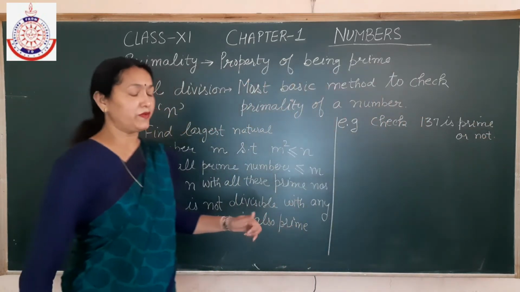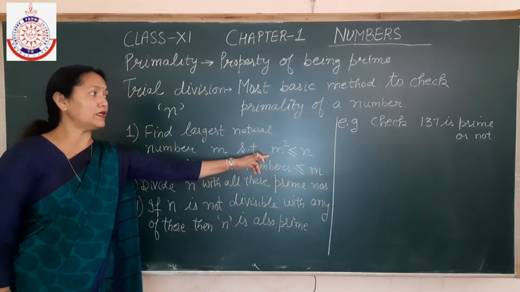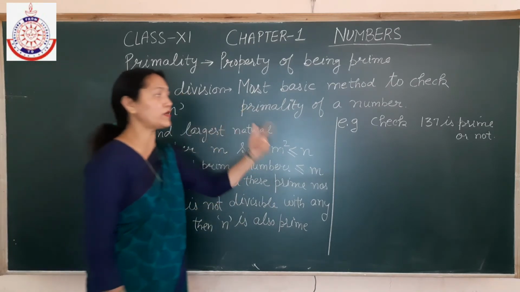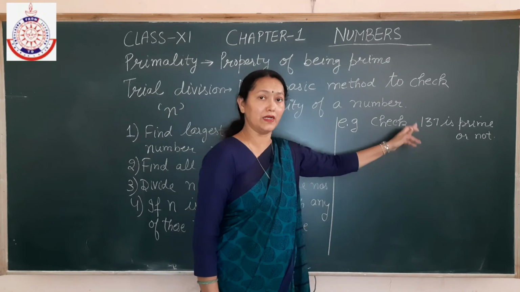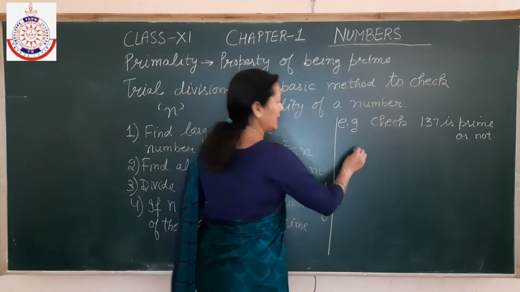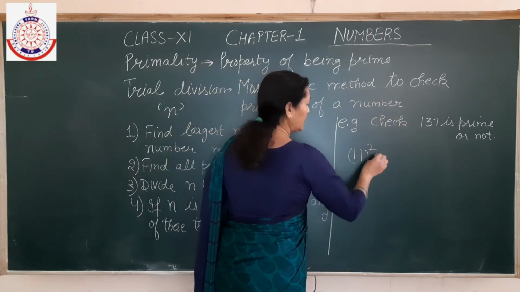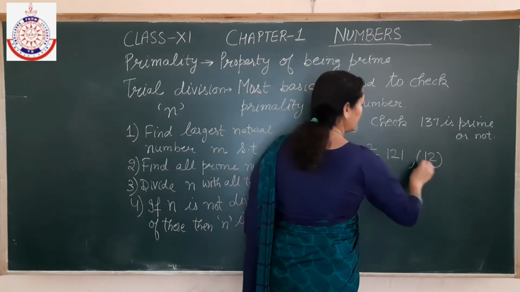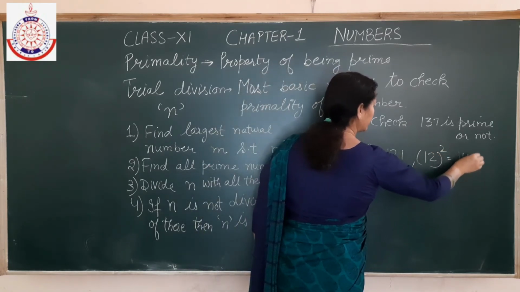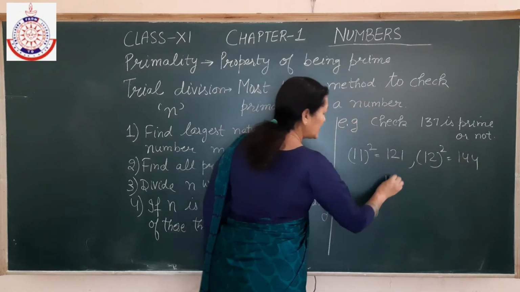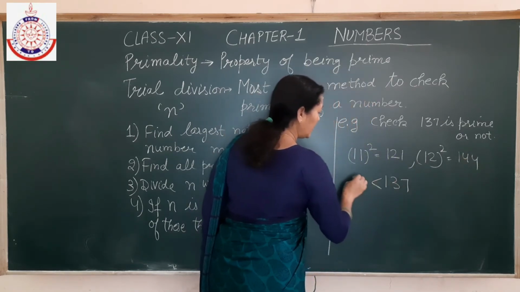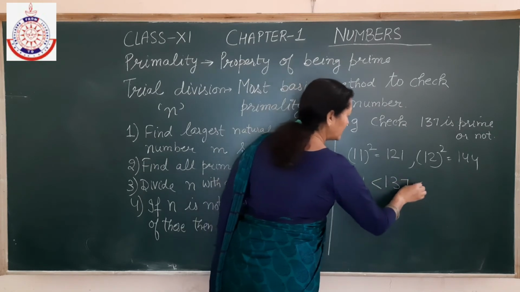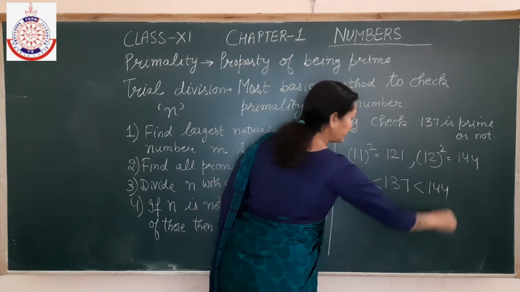So first step, as I told, we have to find a number whose square is less than or equal to the given number. As you know, 11 square is 121 and 12 square is 144. That means 137 lies between 121 and 144.